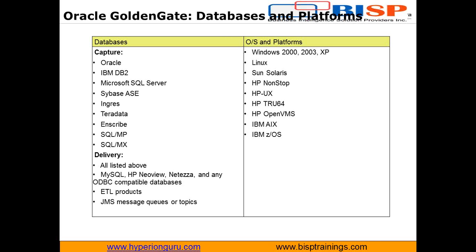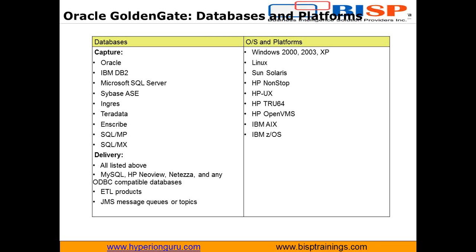Another thing, Goldengate was first developed for Enscribe solutions for ATM networks. Goldengate was a company developed in 1995 by two individuals, and it was specially developed for the Enscribe database which is used in ATM networks. In 2009, Oracle acquired it and renamed it Oracle Goldengate.